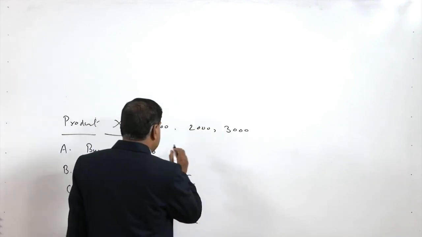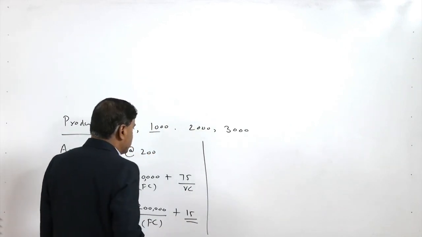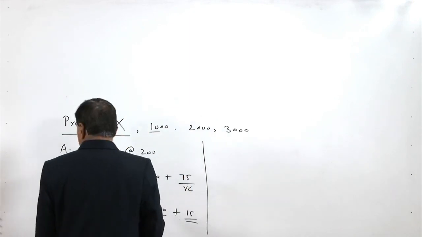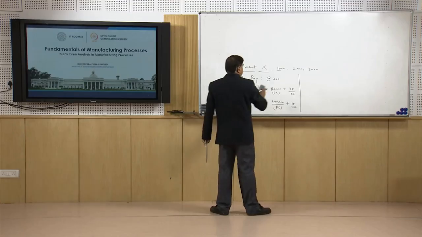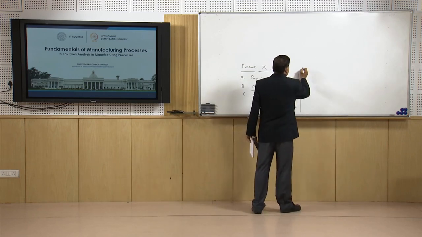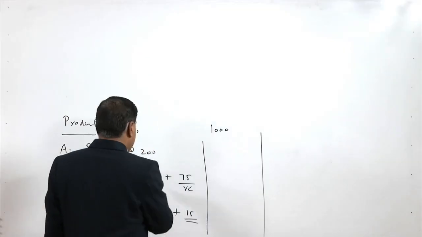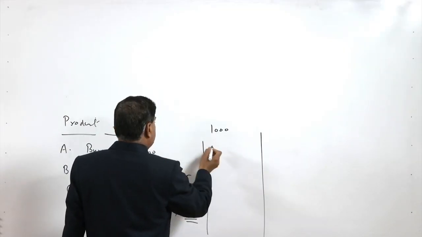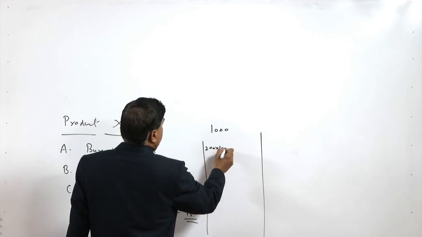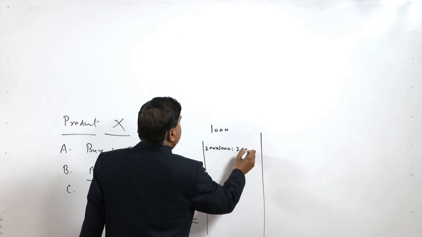So, in that case, what do we need to do to determine the cost? Considering the number of units to be made is, say, 1000, then what do we get? For buying, 200 multiplied by 1000, it will be 2 lakhs.